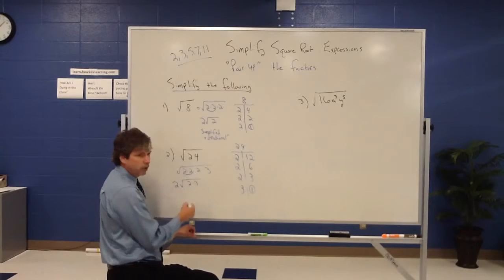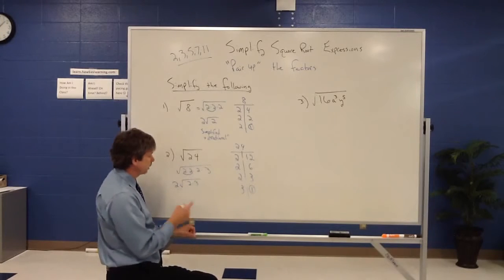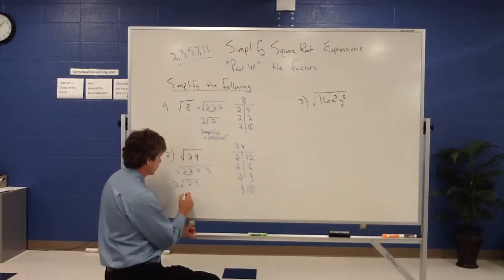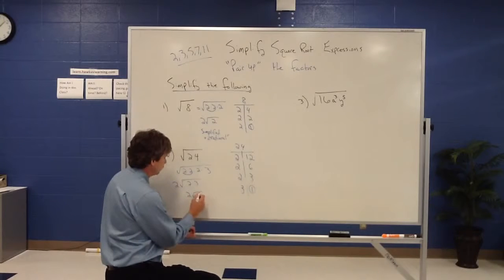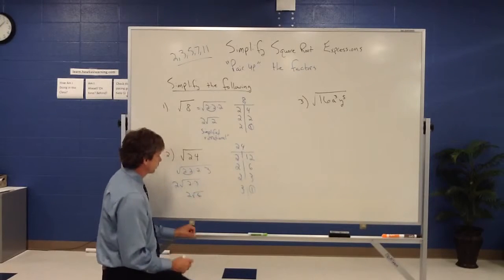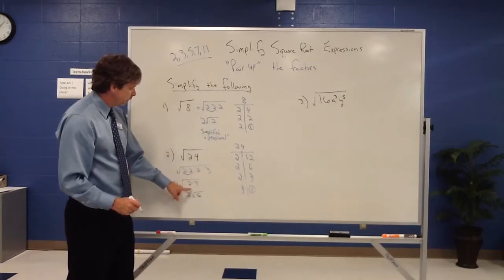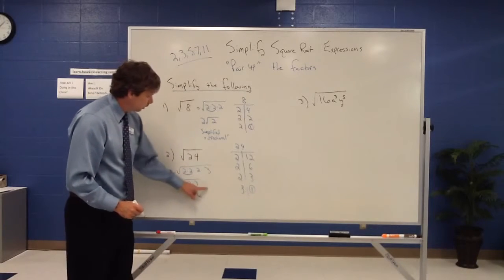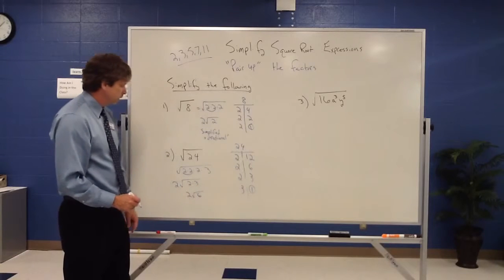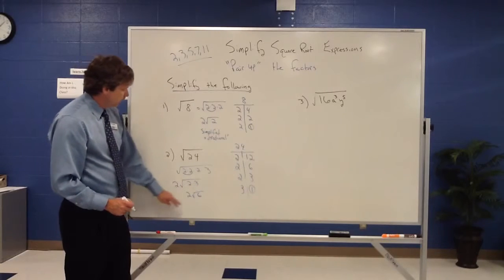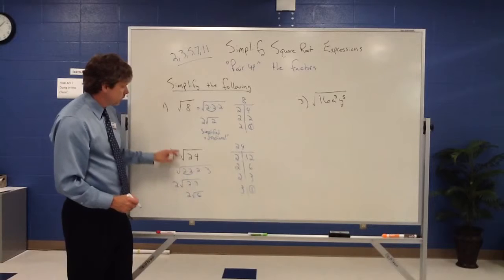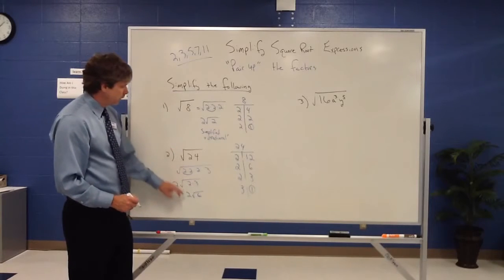We call these the leftovers. The leftovers just stay inside, and we put those back together, so it's 2 times the square root of 6. We pull out what we can, and the leftovers stay inside. This is what we call simplified. So 2 times the square root of 6 is our answer. You can check these in a calculator, and you should get some strange decimal that represents the same thing.